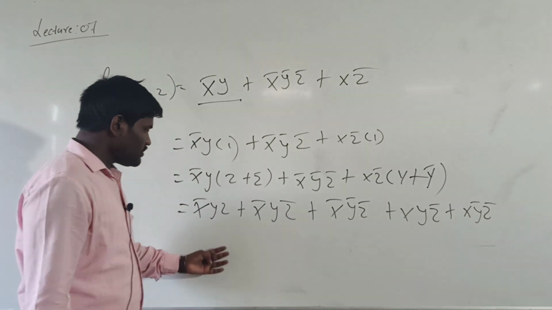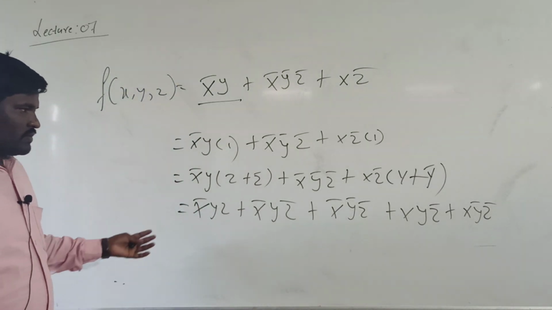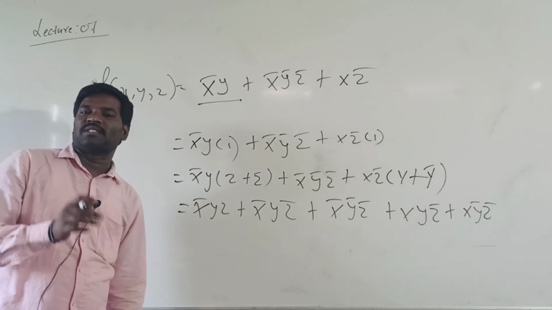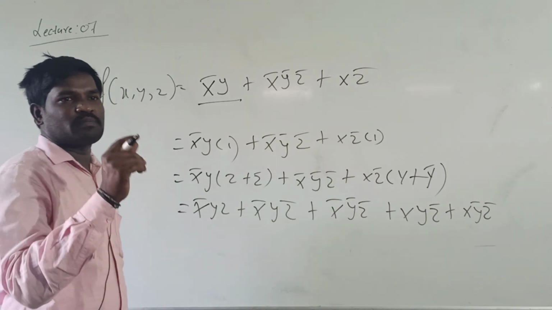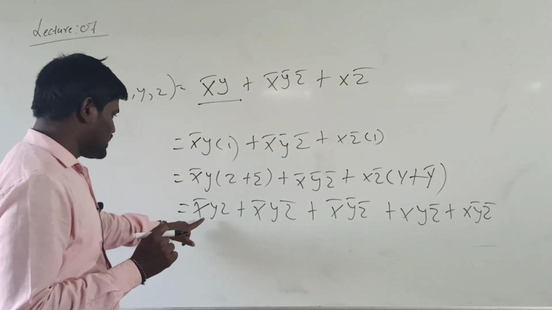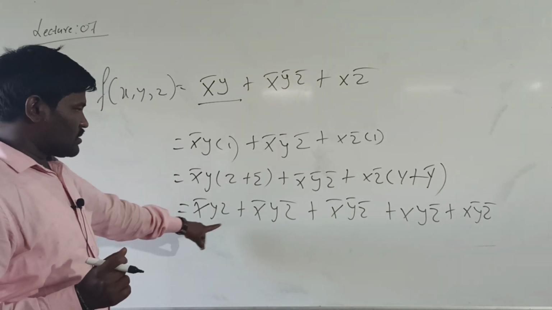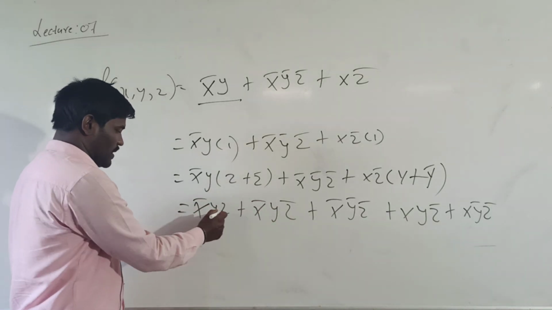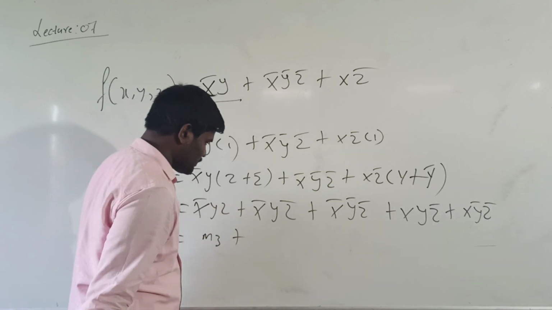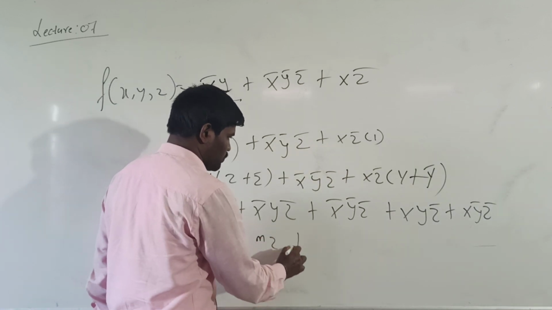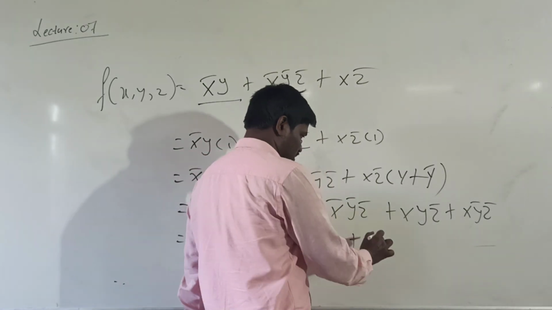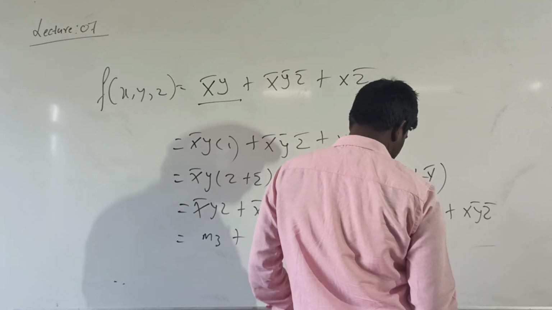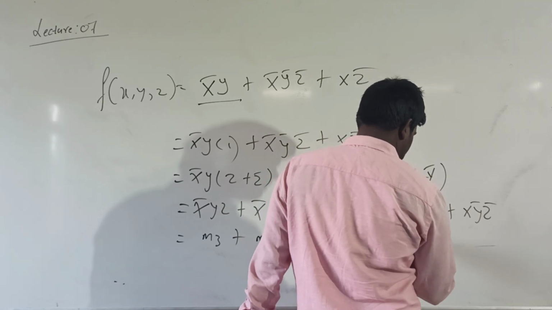Next, first we check for repeated values. If there is any repeated value, we write it only one time, because x plus x is equal to x. Here x bar y z is there, and all are unique values, no problem. Next we write the positions: 0 1 1 is m3, plus m2, plus m0, plus m6, plus m4.